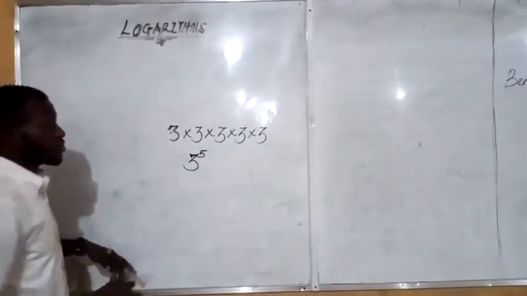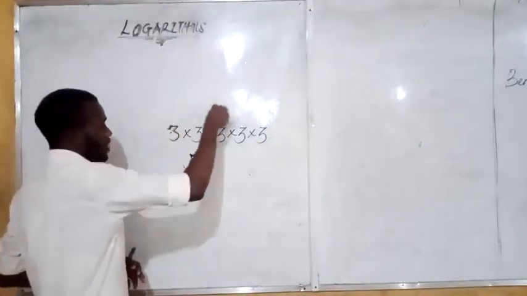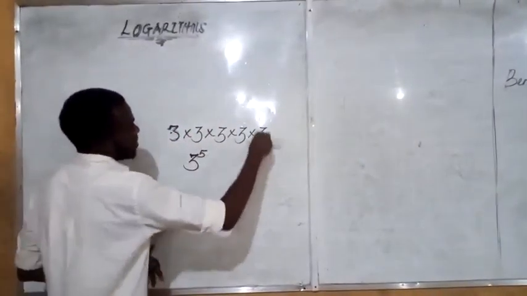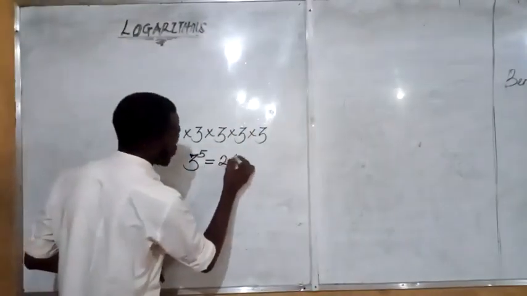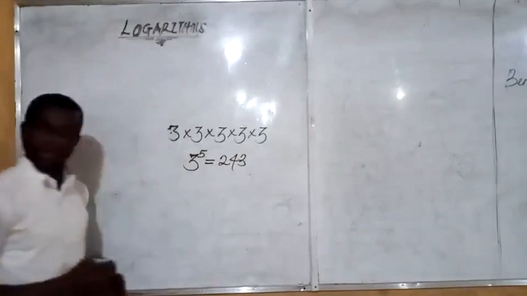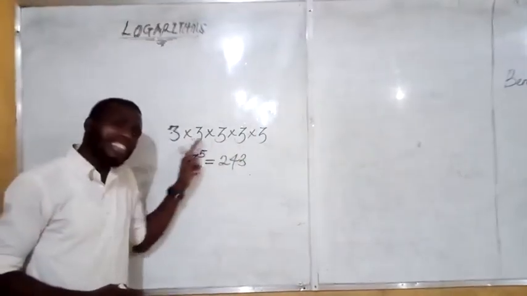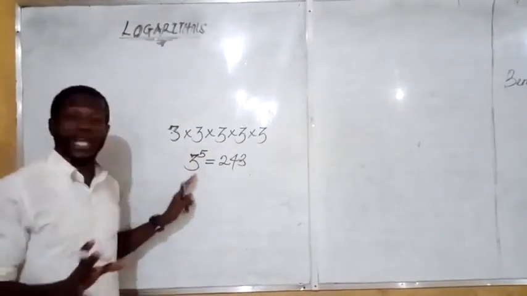Now 3 to the exponent of 5 will give us 3 by 3, 9. 3 by 9, 27. 27 by 3, 81. 81 by 3, 243. So this is equal to 243. Alright, so now, how do I write this in logarithmic form? I'm going to explain, but look at what I'm going to do.